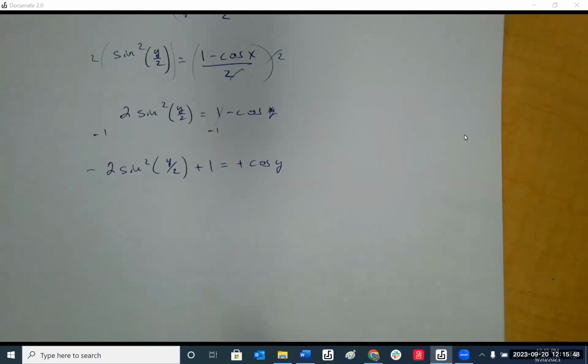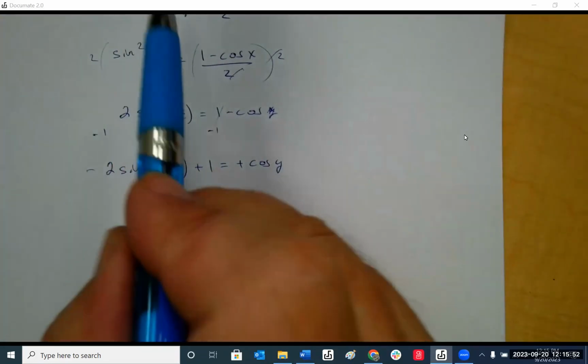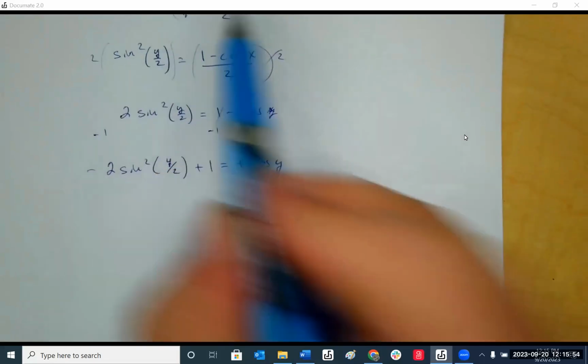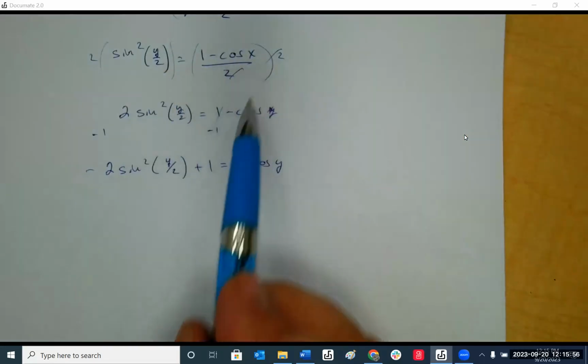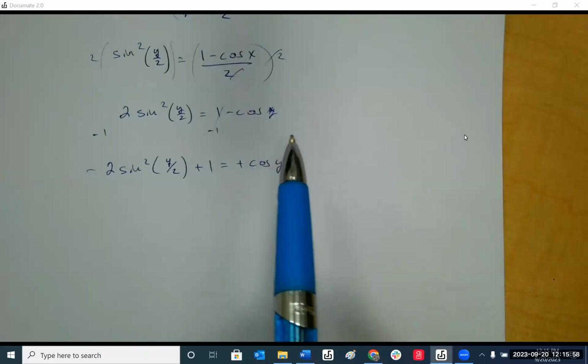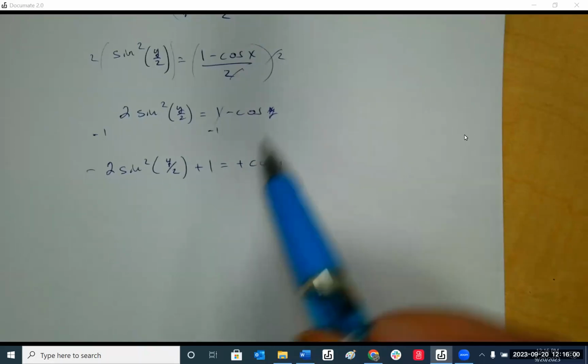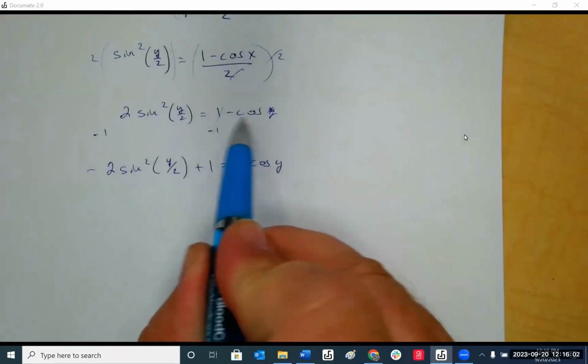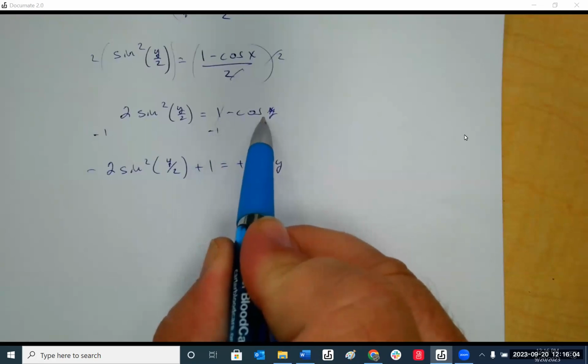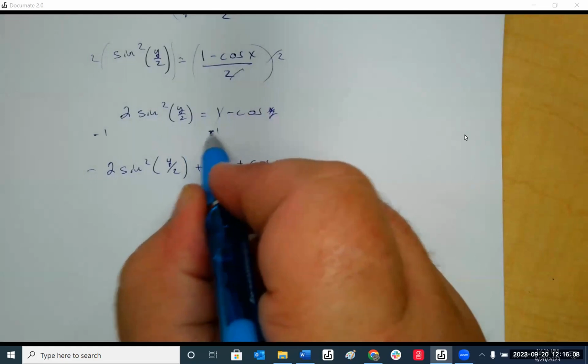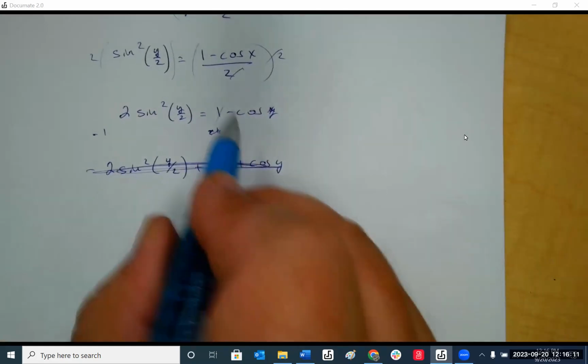So far, so good? Yeah, so there's the creativity we were talking about earlier. Since we use this formula, square both sides, we'll isolate cosine. Actually, no, we have cosine minus 1. I went too far.